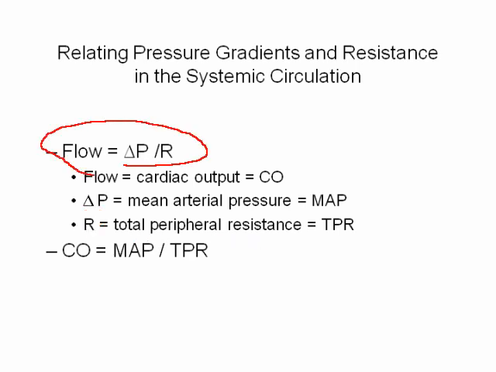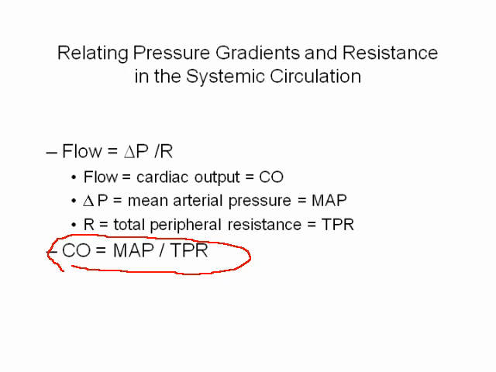So this equation is the same as this equation. It's just that the bottom equation is much more meaningful to us from a standpoint of cardiovascular function: the cardiac output, the flow through the system, equals the blood pressure divided by the total peripheral resistance.